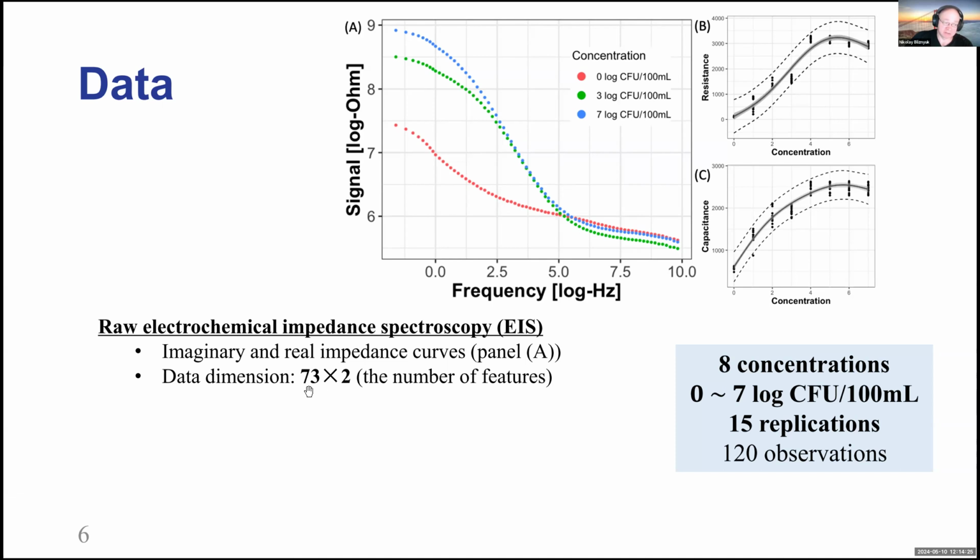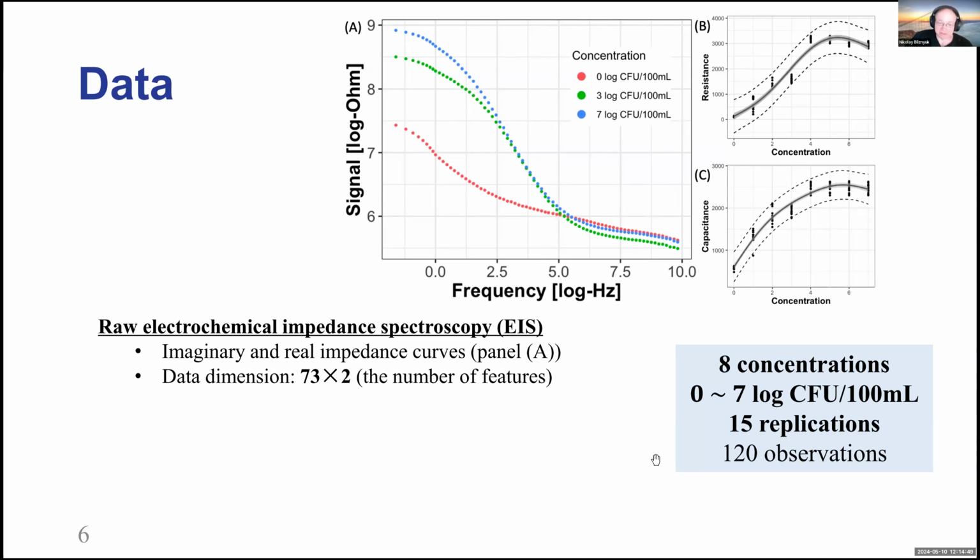So 73 is the length of the vector for each of the imaginary and real impedance curves. Those are discretized. So we have one sample, to which we apply a biosensor, and we get this vector of length 73 times 2.